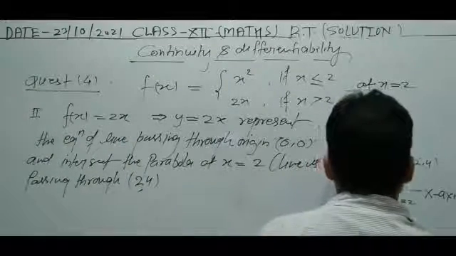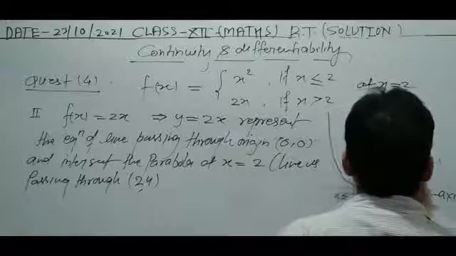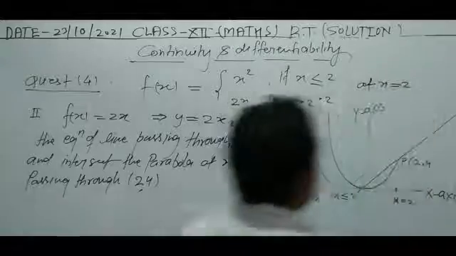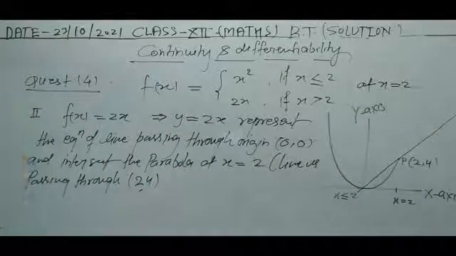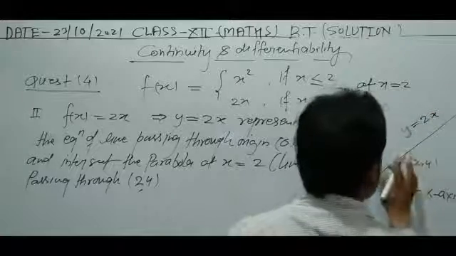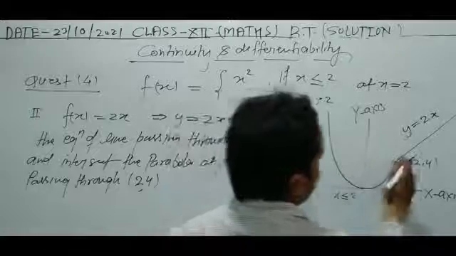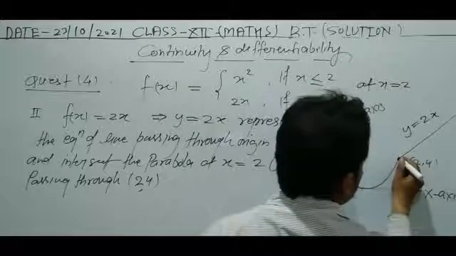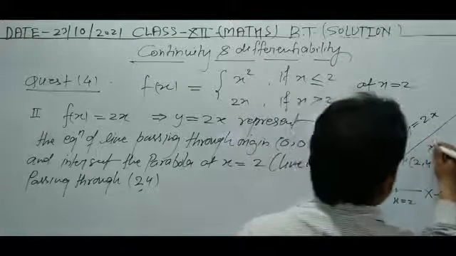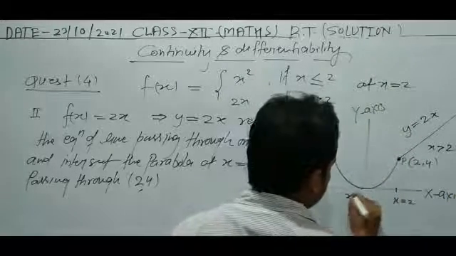Now you can take this line. This is the line y is equal to 2x, and only for x greater than 2. This is equal to 2 and this is less than 2.